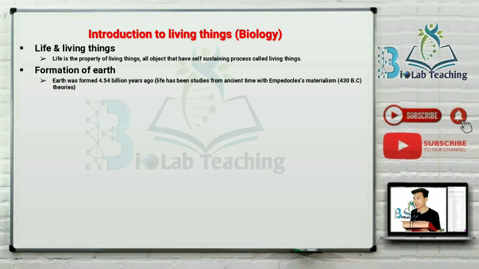What does the materialism theory say? Materialism theory says that all material is formed by four things: air, fire, soil, and water. These are the four fundamental components for life.